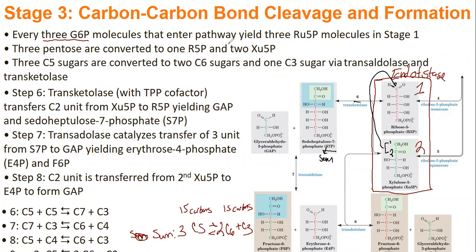Glycolysis, correct. GAP is at the end of like step 4. This is what GAP is, the molecule that feeds into stage 2 of glycolysis. So we've seen this before. It can be fed into stage 2 of glycolysis.